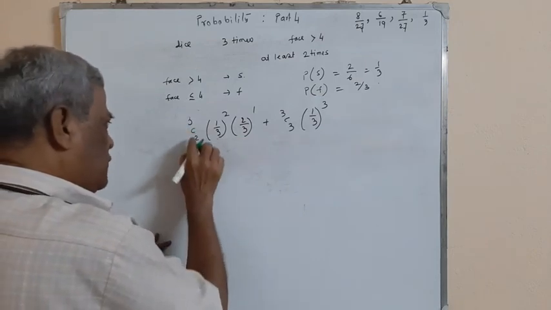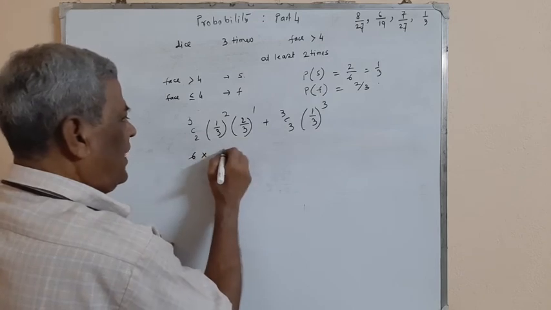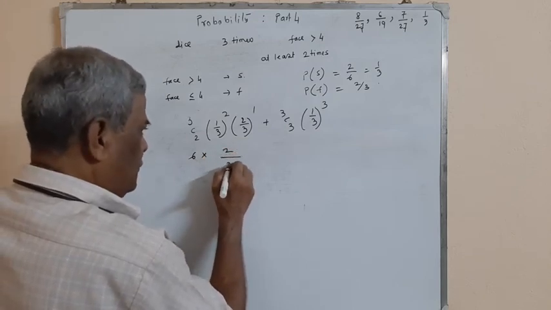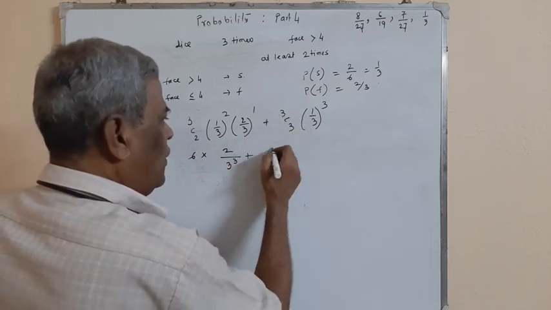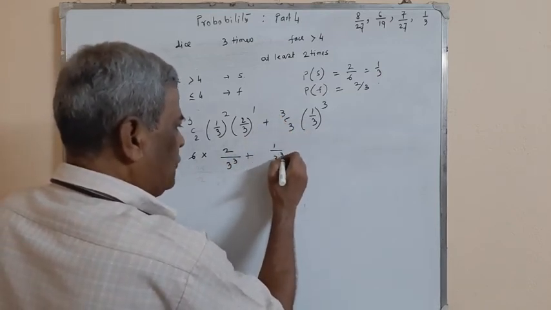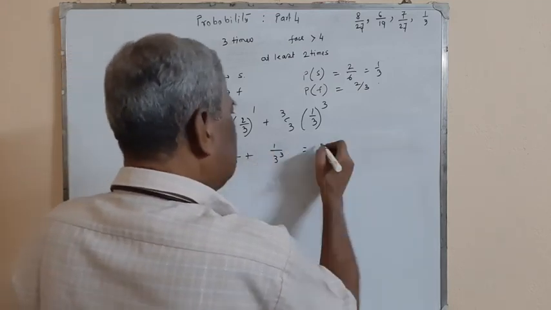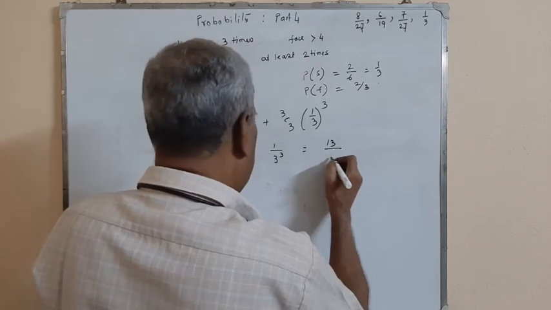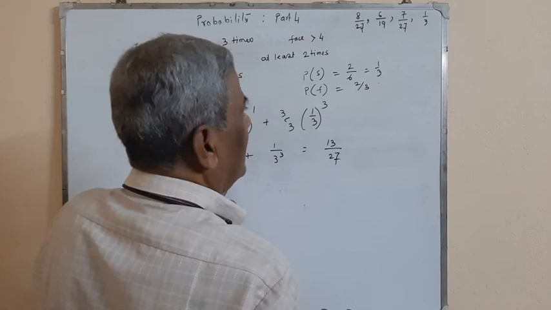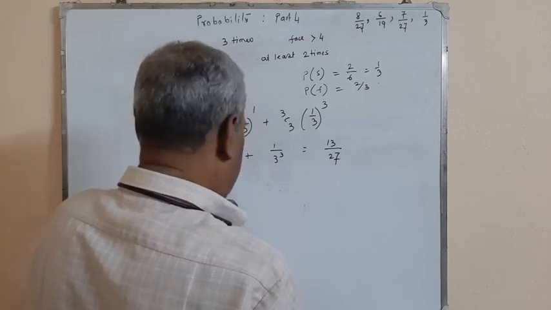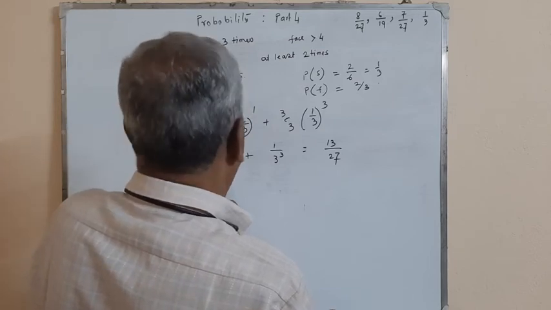So it is equal to 3C2 means 6 into 2 by 3 to the power 3 plus 3C3 means 1, 1 by 3 to the power 3. So that is 12 plus 1, 13 by 3 to the power 3 means 27. So 13 by 27 is the answer.